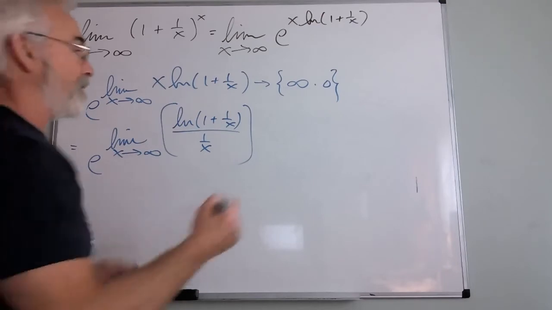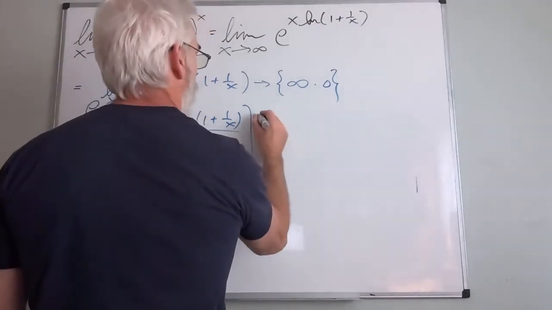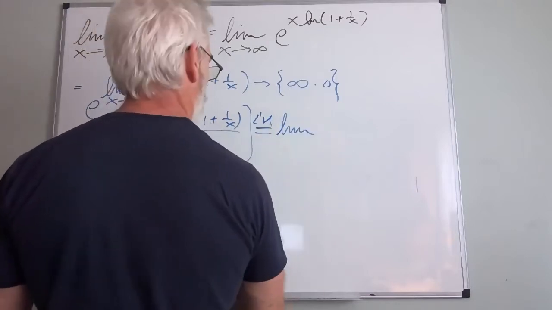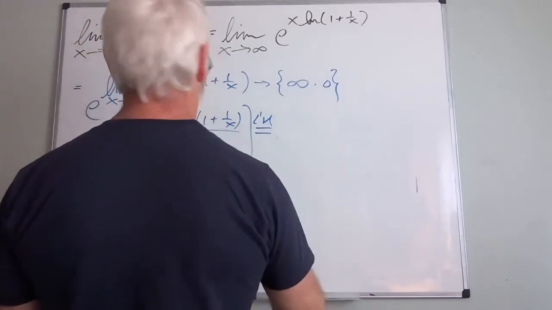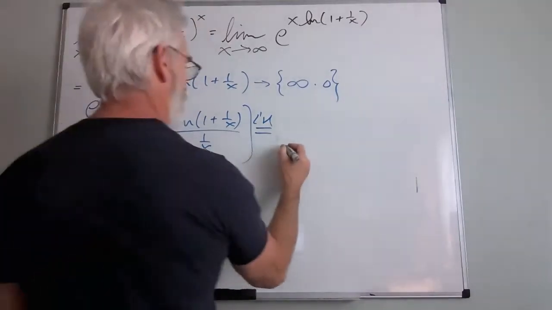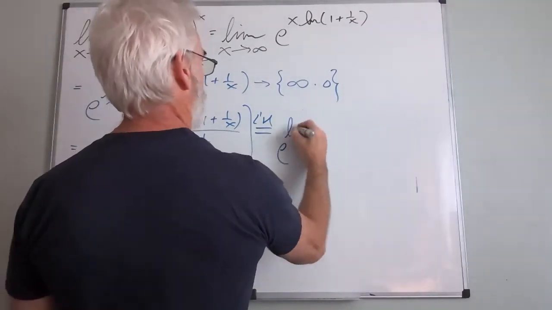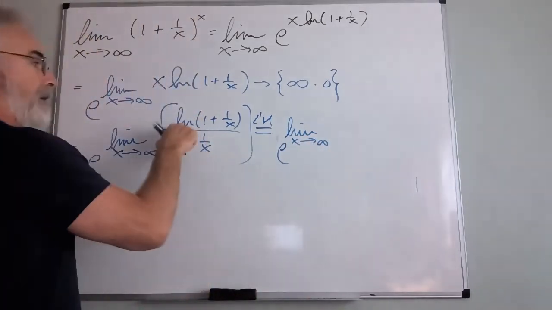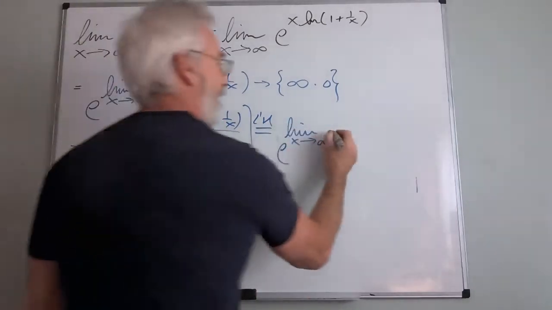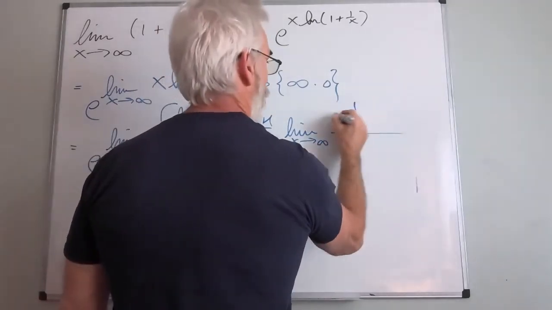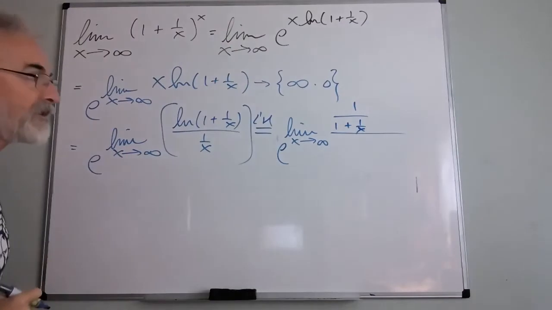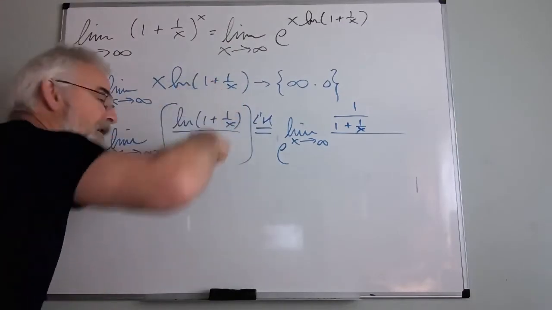I can use L'Hopital's rule on this, and I will get, oops, sorry, I'll get e to the limit. Actually, let me write it down. Now, I'll squeeze it in here. Okay. The derivative of the log of thing is 1 over 1 plus 1 over x times the derivative of 1 plus 1 over x.